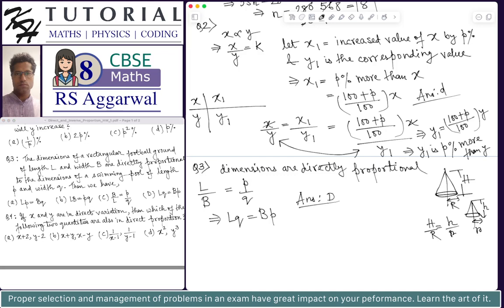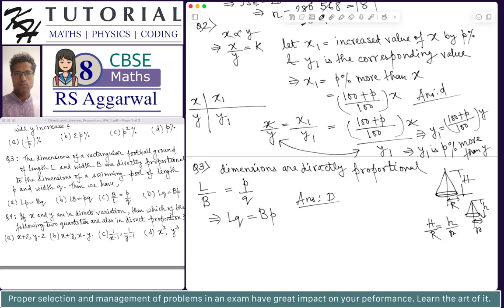So always remember that when it is given that the dimensions of one figure or structure are proportional to the dimensions of another structure or figure, then the first thing is that the two structures or figures must look similar. That is, if one is a rectangle, then the other one has to be a rectangle. If one is a square, the other one has to be a square. If one is a circle, the other one has to be a circle. If one is a cylinder, the other one has to be a cylinder.